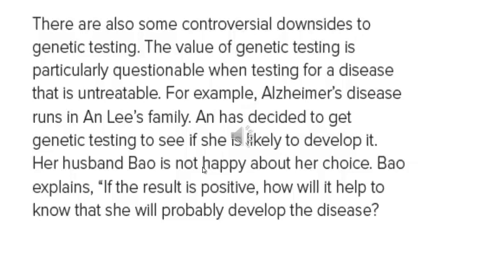For example, Alzheimer's disease runs in An Lee's family. An has decided to get genetic testing to see if she is likely to develop it. But her husband Bao is not happy about her choice. Bao explains, if the result is positive, how will it help to know that she will probably develop the disease?